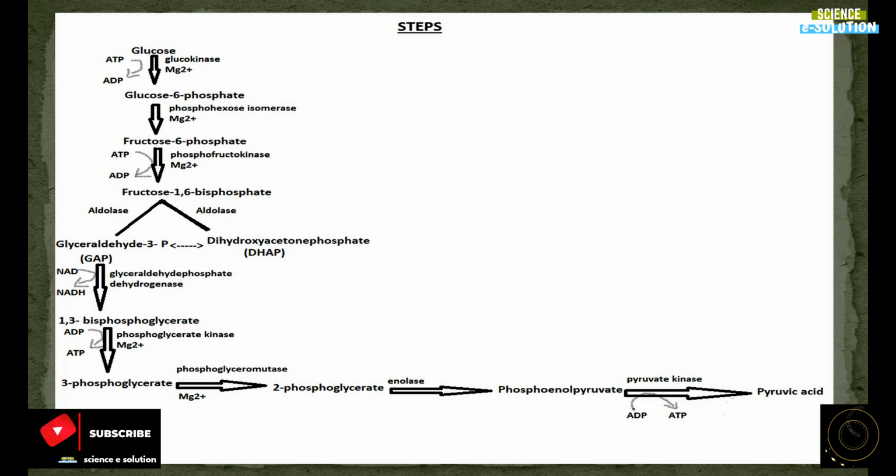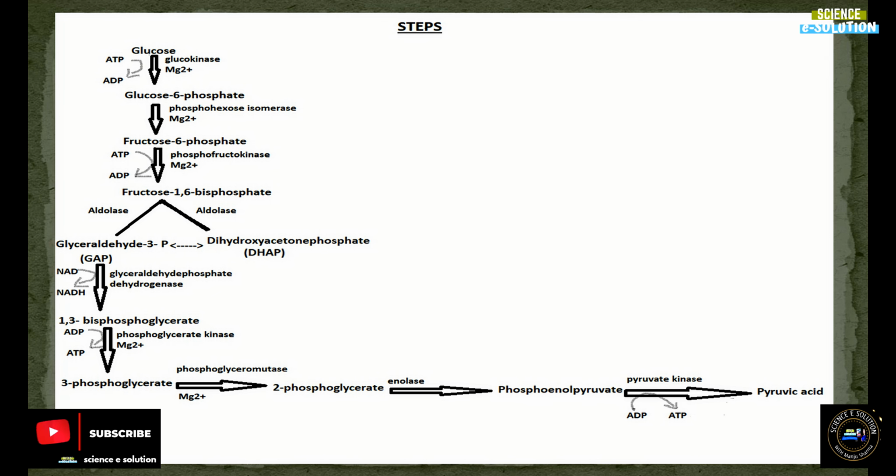In the next step, 3-phosphoglycerate converts into 2-phosphoglycerate, and then in the next step to phosphoenolpyruvate with the help of the enzyme enolase, and finally pyruvic acid is produced with the help of the enzyme pyruvate kinase, and here 2 molecules of ADP are consumed and 2 molecules of ATP are formed.